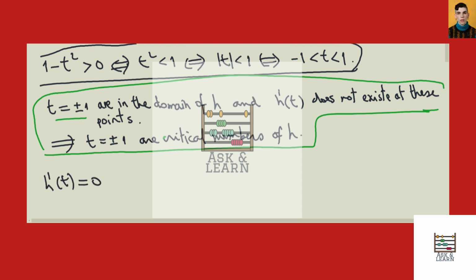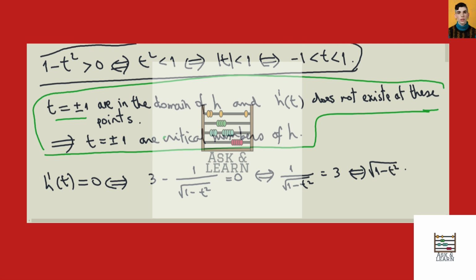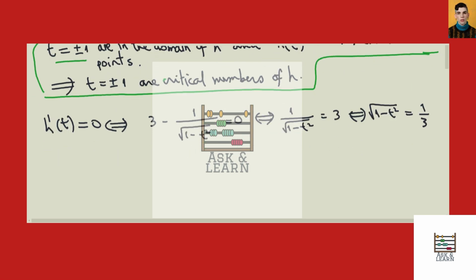Derivative equals 0 is the same as 3 minus 1 over square root of 1 minus t squared is 0, which is the same as 1 over square root of 1 minus t squared is 3, and that's the same as saying that square root of 1 minus t squared is 1/3, or the same as 1 minus t squared has to be 1/9.